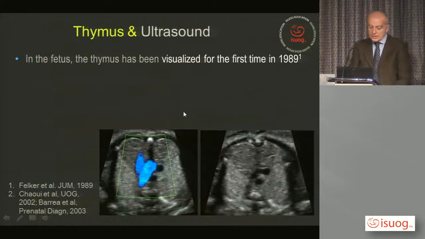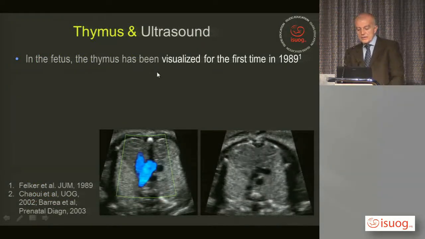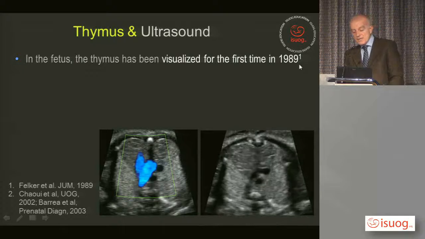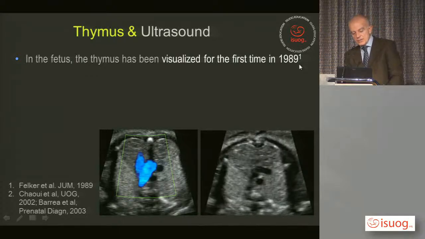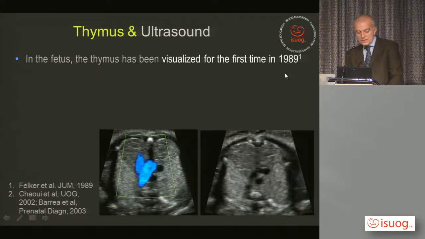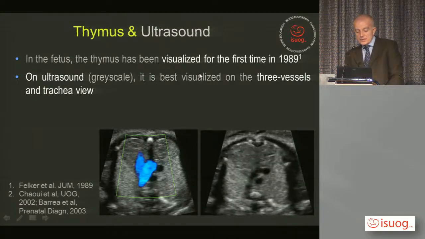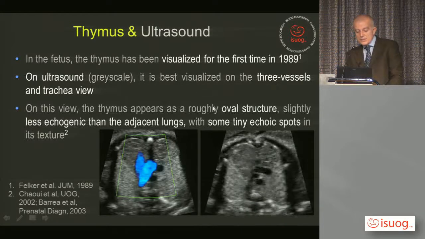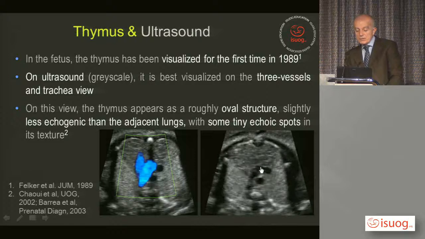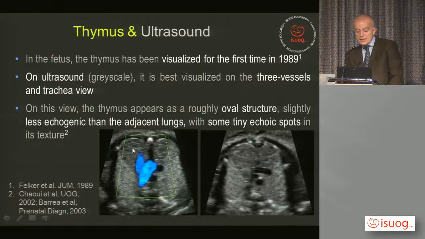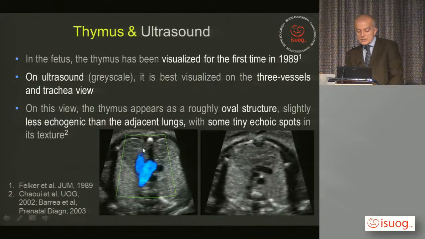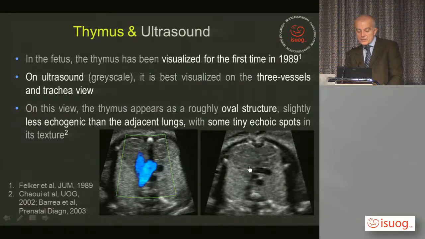How does it look on ultrasound? It was described for the first time several years ago, actually in 1989, by Felker. And it is best visualized, of course, on a three-vessel and trachea view. On this view, it appears as a roughly oval structure that you see here, slightly less echogenic than the lungs, with some tiny echoic spots in its texture you see here.